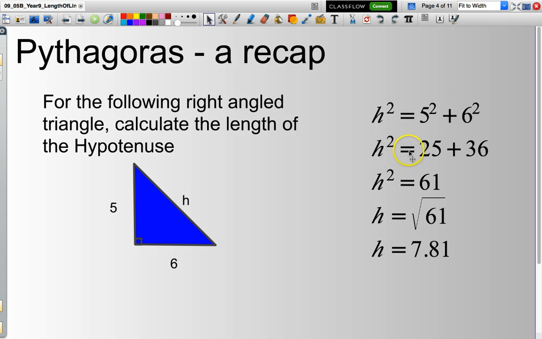So h squared will be equal to 25 plus 36, and if you follow the maths through, we can see that h equals 7.81. Now, we'll be doing a very similar thing to find the length of a line segment, or the distance between 2 points.